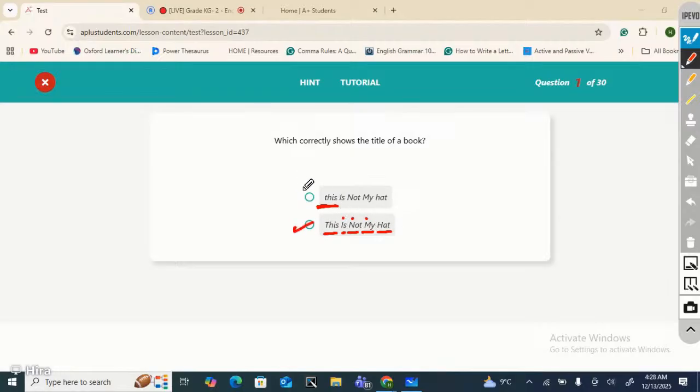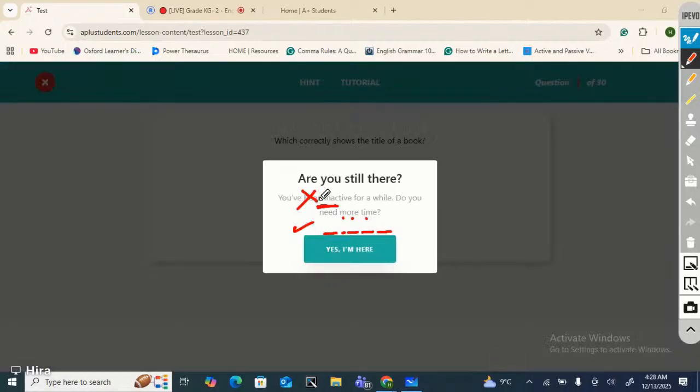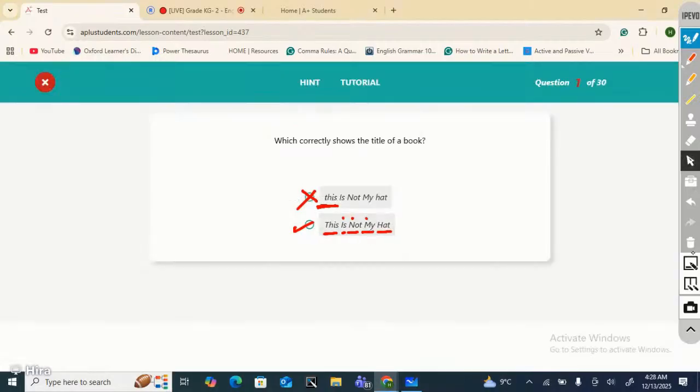So this one is correct, this one is incorrect. The remaining four words of this title are capitalized, but the first word is not, so it is not the correct title. Sarah, Plain and Tall, or the second one, Sarah, Plain and Tall: which correctly shows the title of a book?